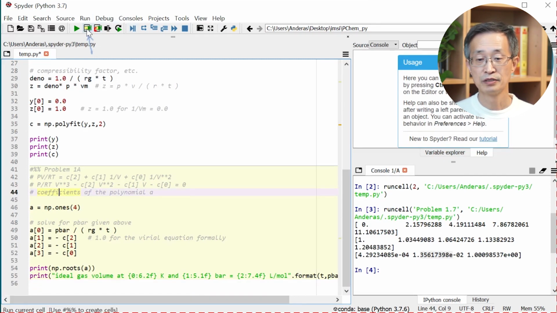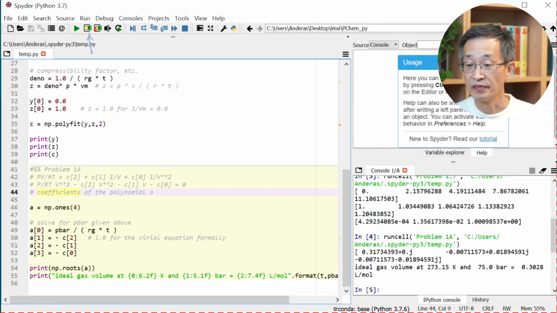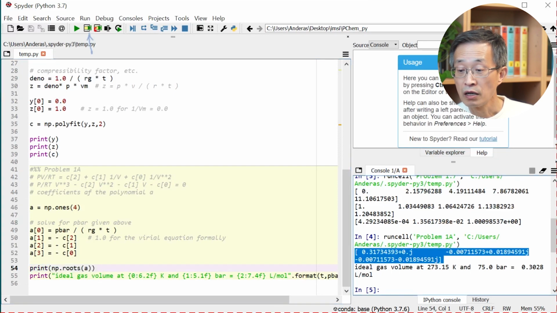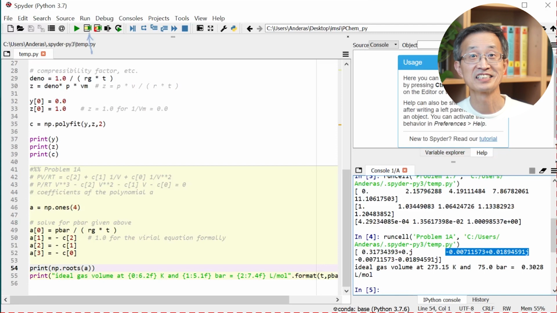How do we do that? Click this one, and that runs. The first output is from this line, calling np.roots with the coefficients. It returns three roots, and in here two are complex numbers, where j is the imaginary unit, the square root of minus 1.